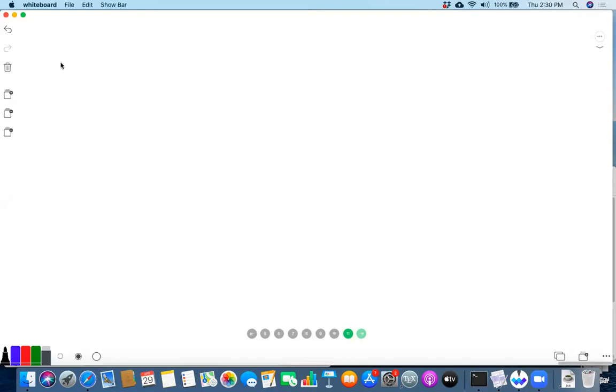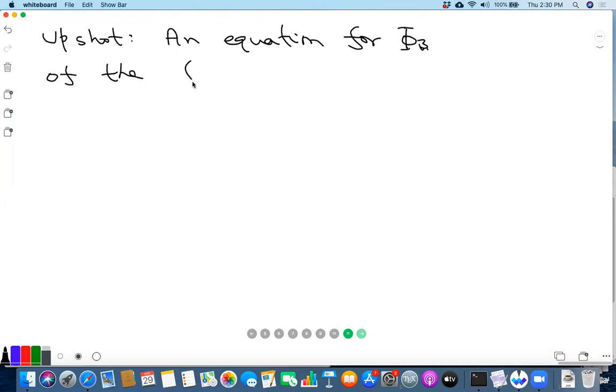So the upshot of this is an equation for phi b of the form, in general, A and B are time dependent.